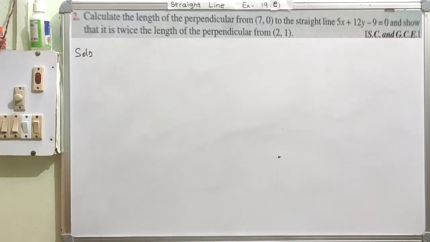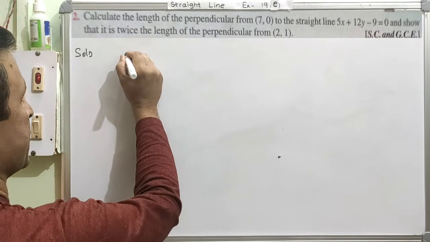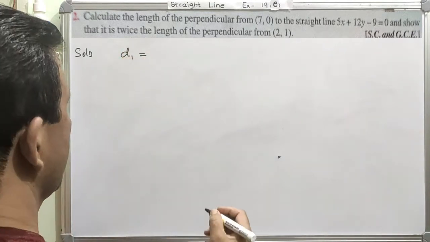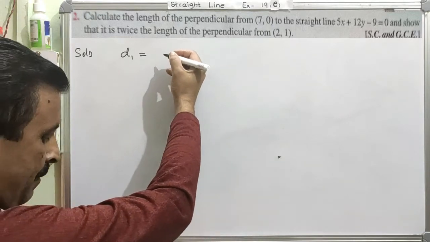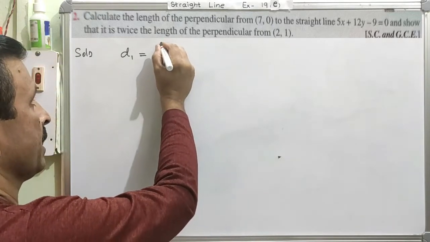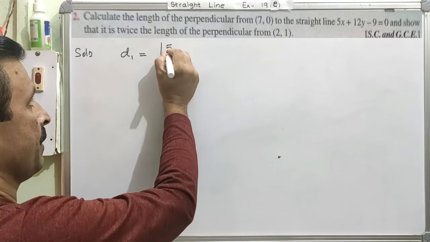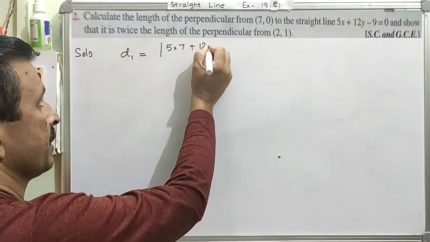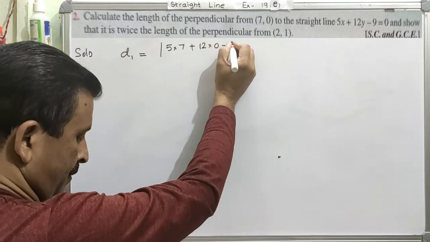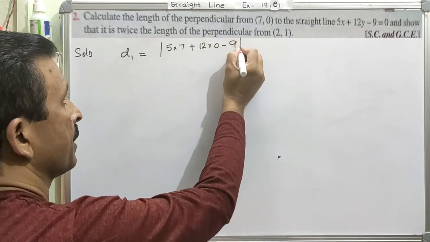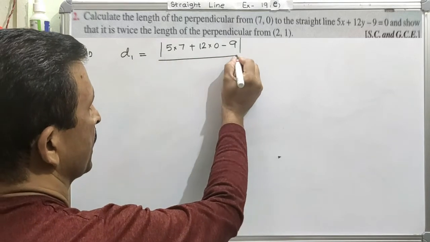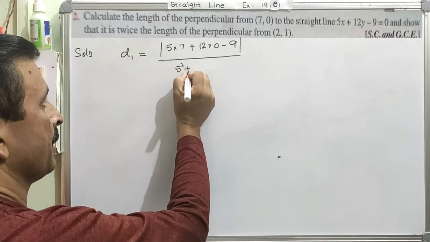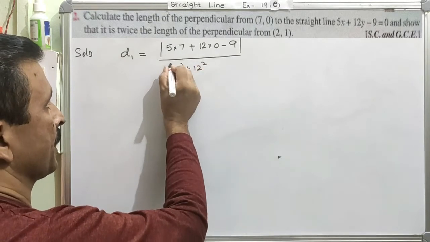First of all let us calculate the first distance and name it d1. So d1 in the formula is the absolute value of 5 into 7 plus 12 into 0 minus 9, divided by root over 5 square plus 12 square.